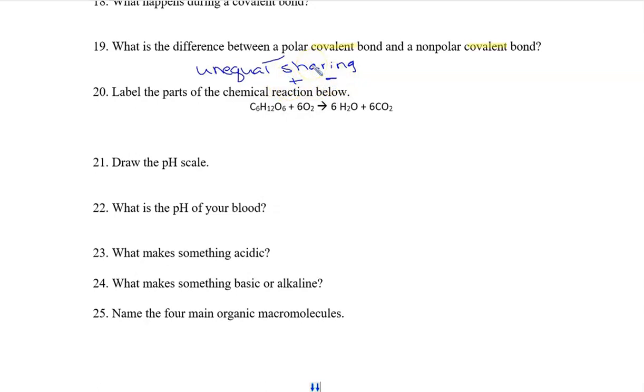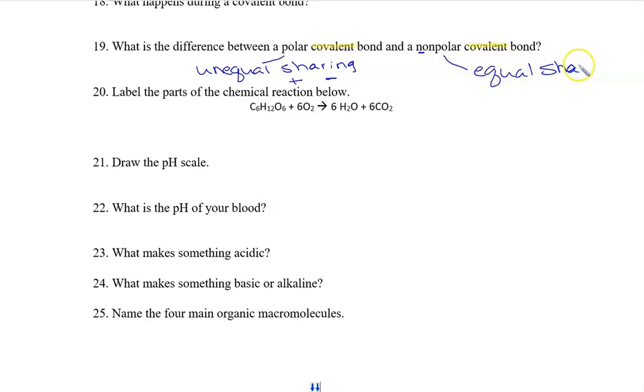That makes a difference when things go across membranes. Sometimes polar covalent can't go through certain types of membranes and they have to have gates and channels to go through. With nonpolar, nobody gets upset, because that is an equal sharing.